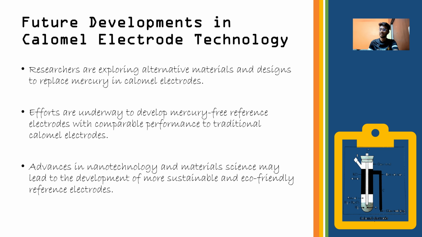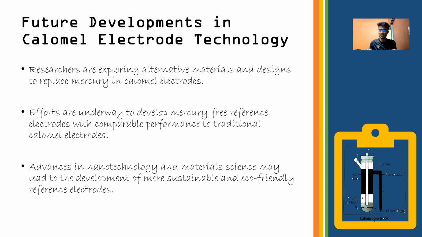Future development in Calomel electrode technology: researchers are exploring alternative materials and designs to replace mercury in Calomel electrodes. As I told you, mercury is a harmful substance which cannot be exposed to air, so that's why you need to replace it. That's what researchers are doing right now. Efforts are underway to develop mercury-free reference electrodes with comparable performance to traditional Calomel electrodes.